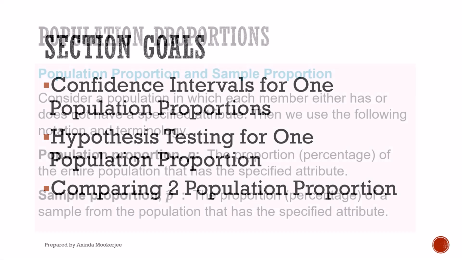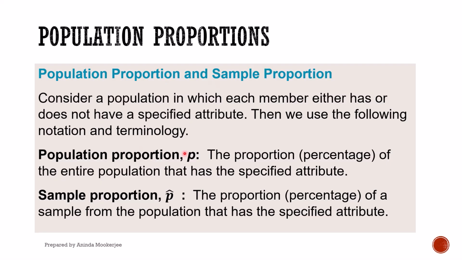All right. So here we'll begin with a definition of population proportions, sample proportions, and the associated notations that go with them. It says here, consider a population in which each member either has or does not have a specified attribute.